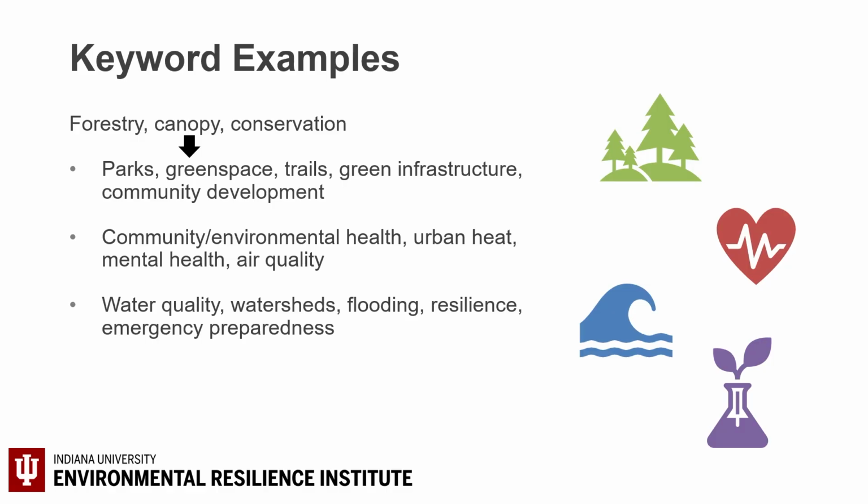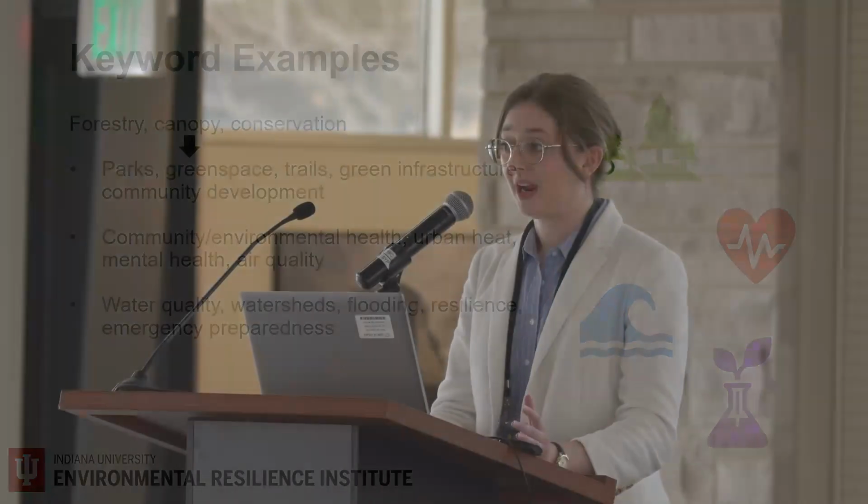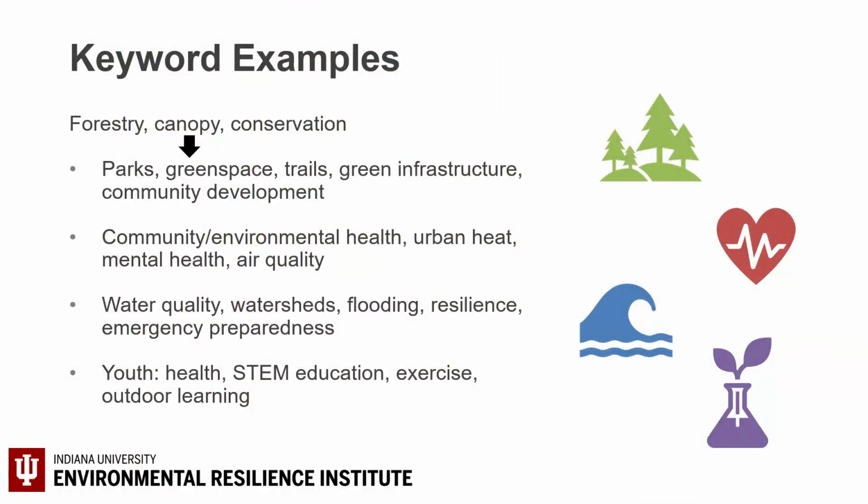For water quality, I mean, we talk about flooding with trees all the time, but resilience, emergency preparedness, all of these things can be assisted by having a great green infrastructure healthy and in place before we have a massive flood.